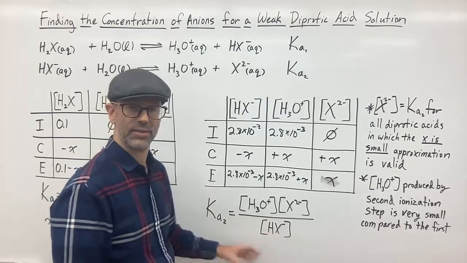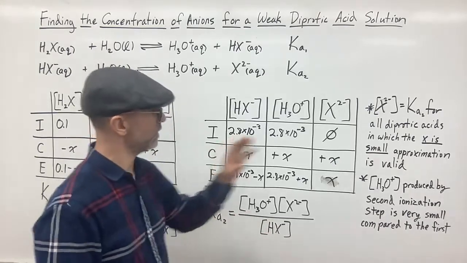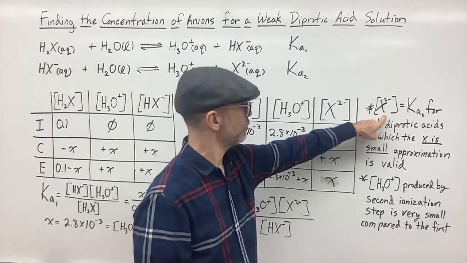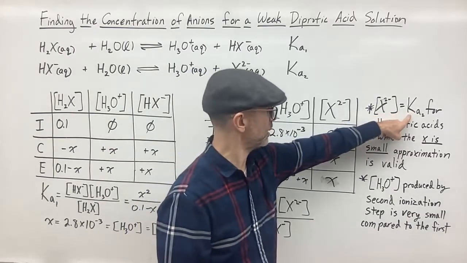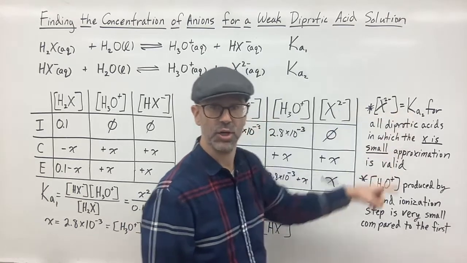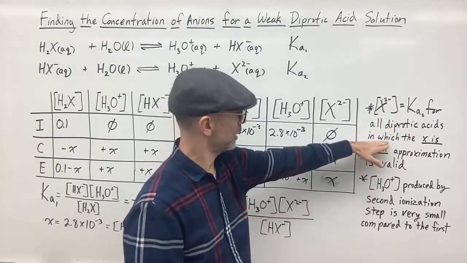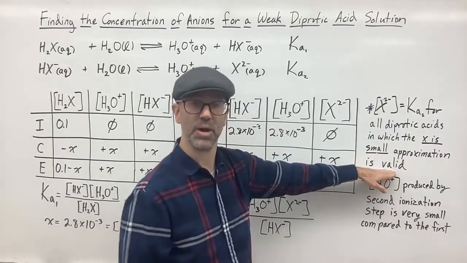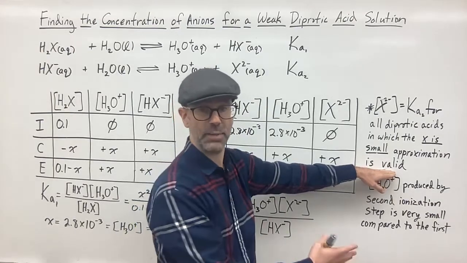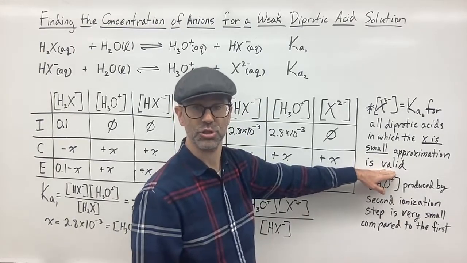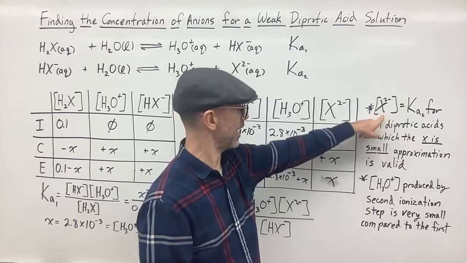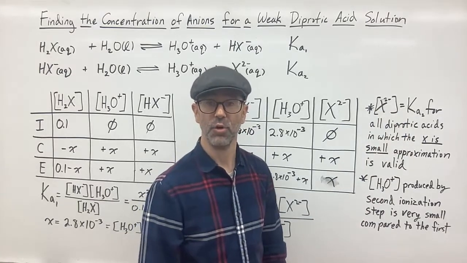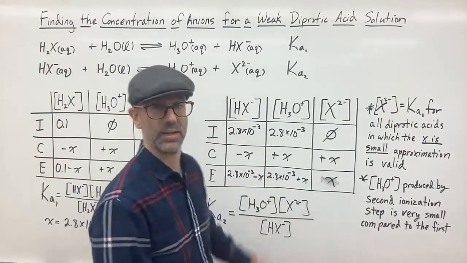If you do the math, that's what it comes out to here. So the concentration of your anion for your diprotic acid is going to end up being equal to the Ka2 value for all diprotic acids in which the x is small approximation is valid. If you do that approximation and it comes out valid, you should find that your anion concentration ends up being equal to the Ka2 value of your second ionization.